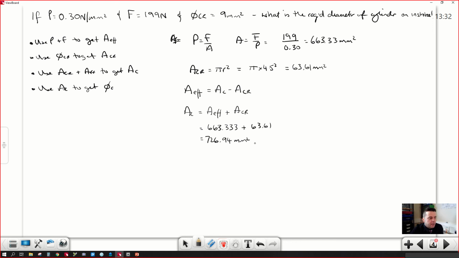We're asked for the diameter, right? So if you know that area equals pi r squared, you could rearrange that for r. You put the pi over the other side, so area divided by pi equals r squared. Put the square over the other side, and it becomes the square root of area over pi equals the radius.